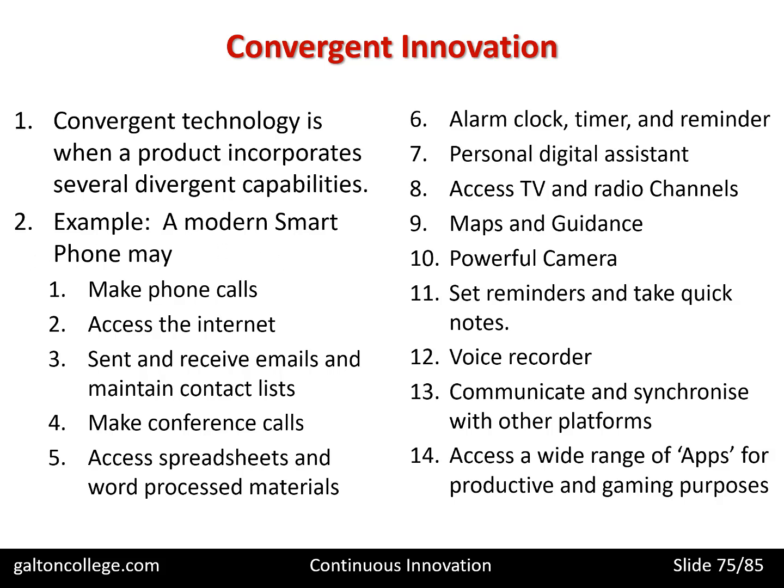All the rest have been added on. Of course, we have to learn how to use them, but having said that, these are all facilities that came in one small computer, which we now call a smartphone, which we keep with us.